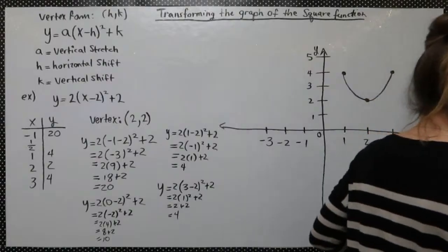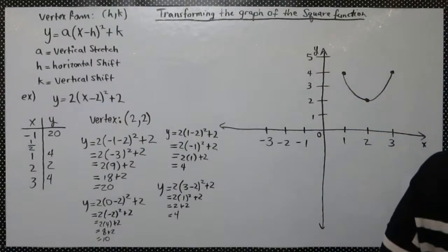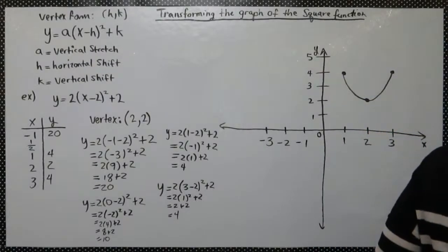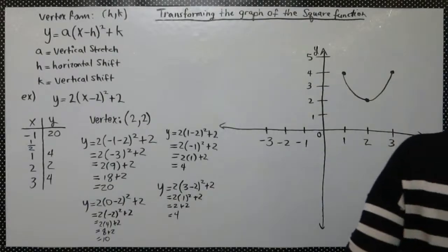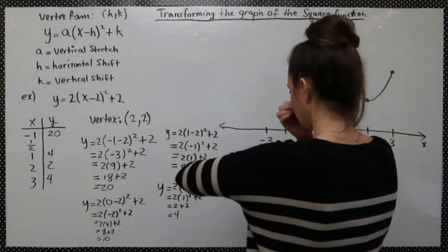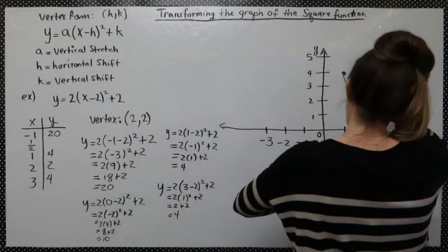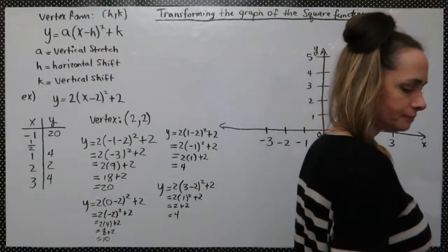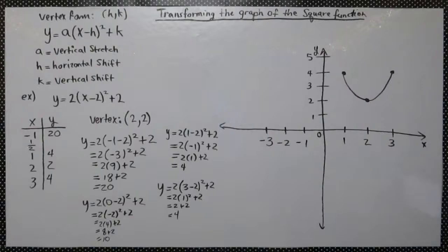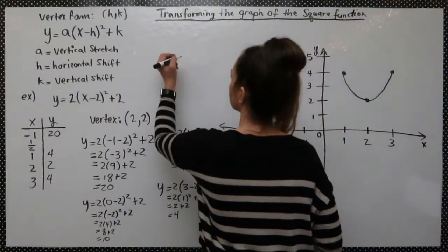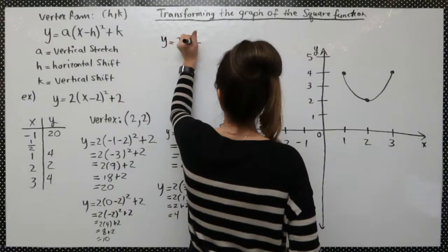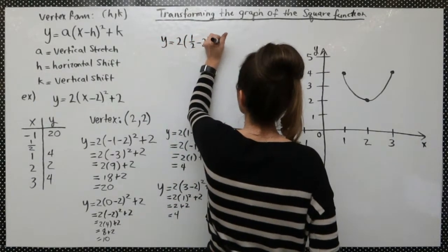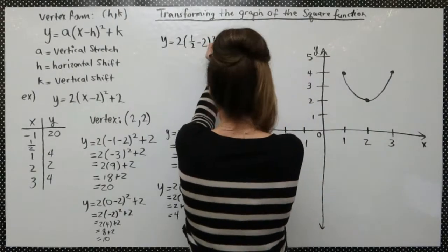I'm going to get a little carried away and realize I've been talking already for 40 minutes. Okay, so let's go ahead and calculate 1/2. Y equals 2 times 1/2 minus 2 squared plus 2.